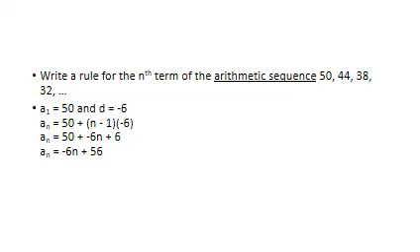Then the common difference is equal to 44 minus 50, or 38 minus 44, and it's equal to minus 6. An equals 50 plus n minus 1 times minus 6, because An equals A1 plus n minus 1 D. So An equals 50 minus 6n plus 6, and finally An is equal to minus 6n plus 56.